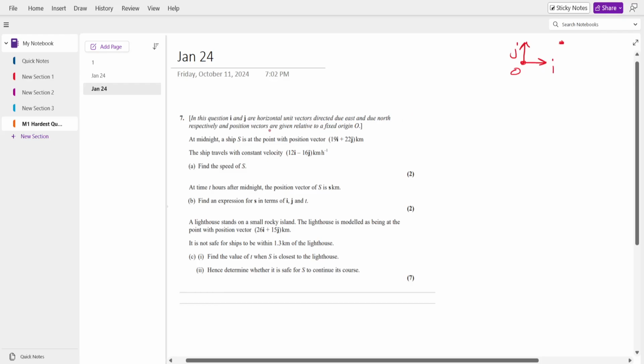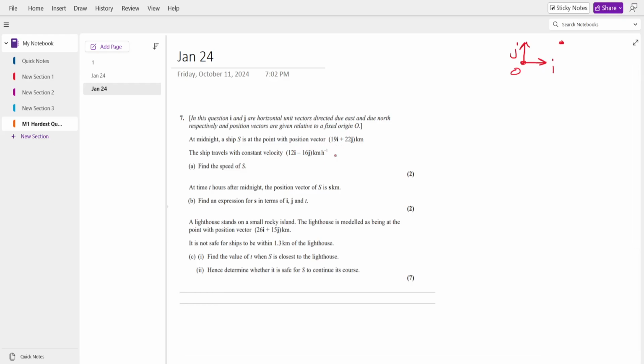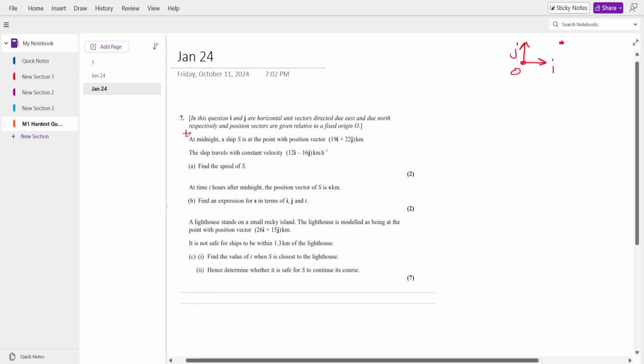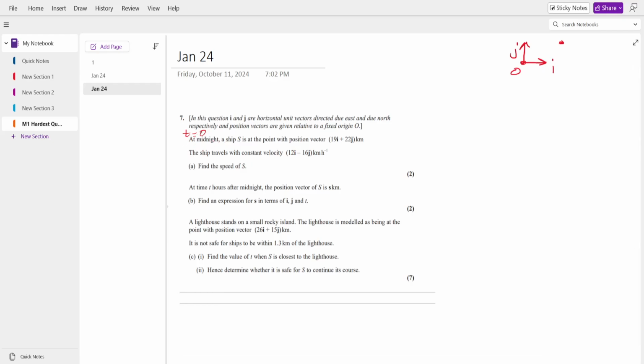So it says, at midnight, a ship S is at a point with a position vector of 19i plus 22j. So we start at midnight. This is where, let's say, our time equals 0. Nothing has passed. We start to look at the question from midnight. So time equals 0 at midnight.